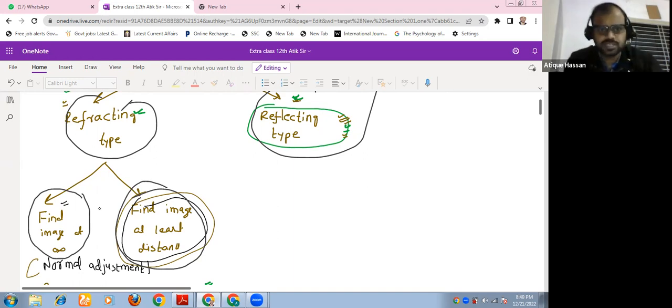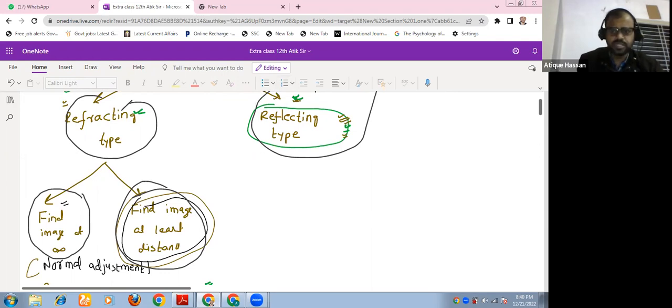There were two cases, right? The same two cases we will discuss here. First we will discuss the final image at the least distance of distinct vision, then the final image at infinity, which is also known as normal adjustment.